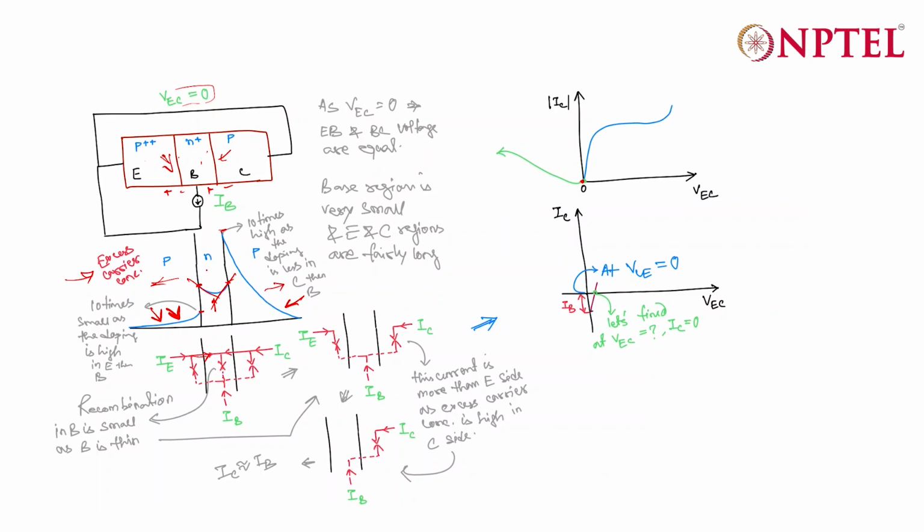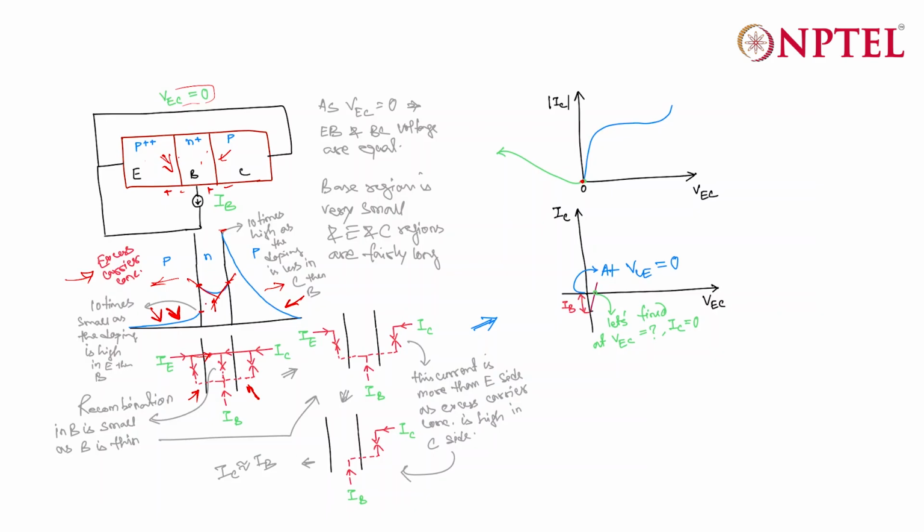And similarly, you will also find the electron currents are from the base to the collector region, as shown using this dotted line, and also from the base to the emitter region.